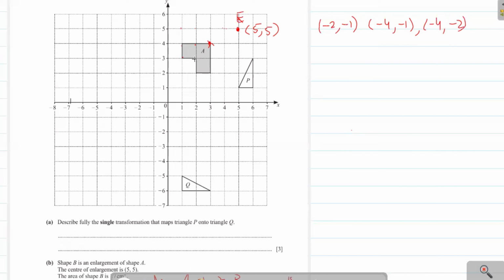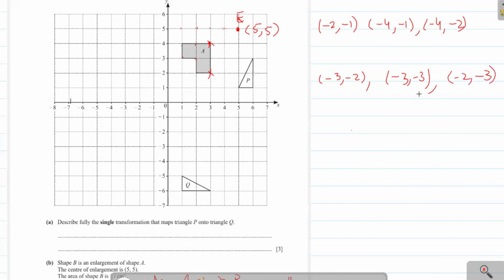The fifth position is (-3, -2). The next point of this object from the center of enlargement is (-2, -3), and the last point is (-1, -3)... and the last point position from the center of enlargement is (-2, -3).